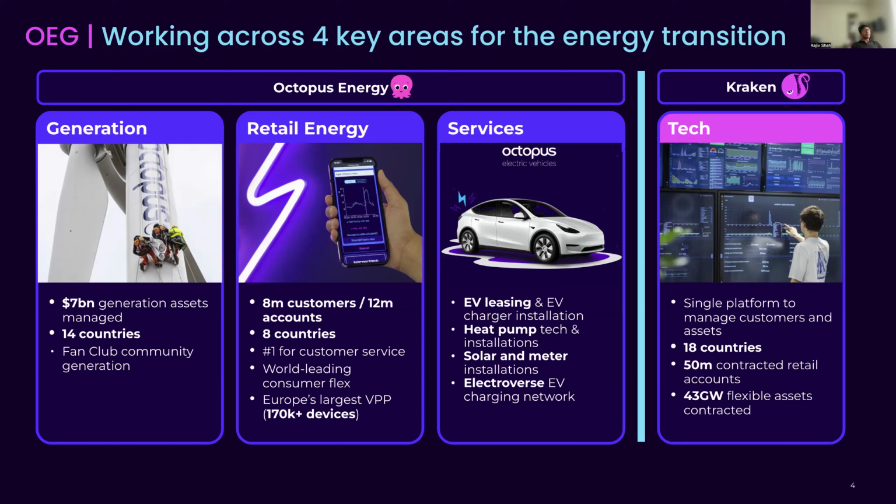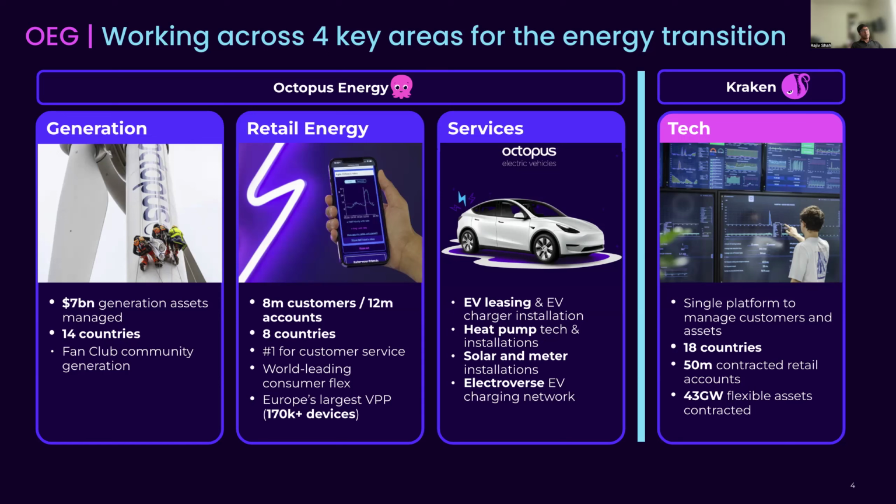that business, Octopus Energy, has grown across three verticals. We now have 8 million customers in 8 countries around the world, are the largest electricity and gas supplier in the UK, and have a retail business in Texas that we're trying to grow here in the US. We have a generation fund management arm that's managing over $7 billion in mostly wind and solar assets around the world.